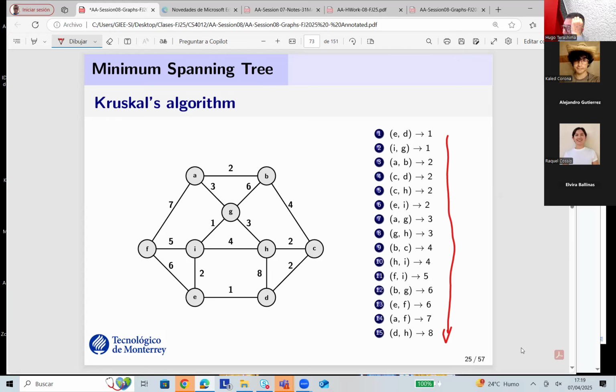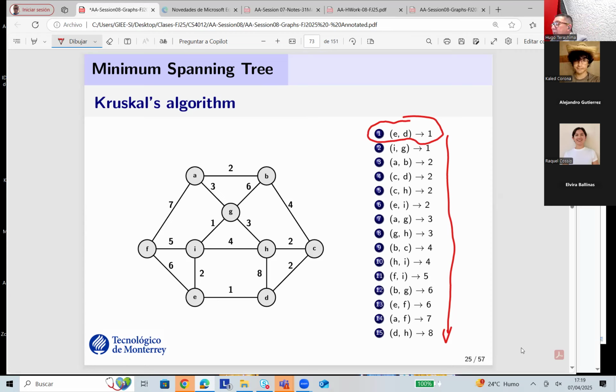What is the second step in the algorithm? Remember? We need to go one by one and gradually construct the tree, right? So we're going to choose this one first.